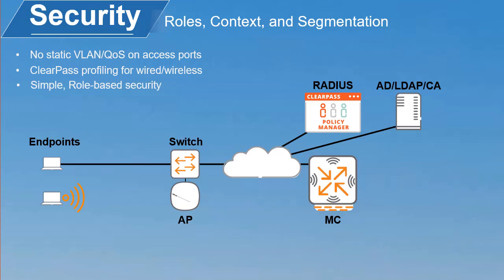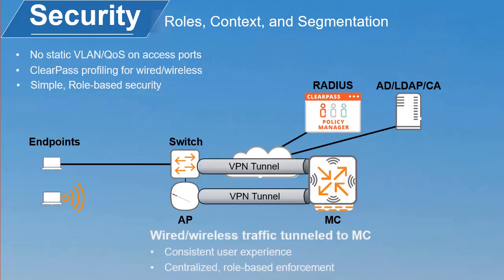Now, whatever port he connects to can be dynamically assigned to the engineer's VLAN, and he is only allowed access to engineering-appropriate resources. Plus, you can have this dynamic segmentation where both wired and wireless traffic is tunneled to a mobility controller. Our users have a consistent experience regardless of how they connect, with centralized, role-based enforcement.